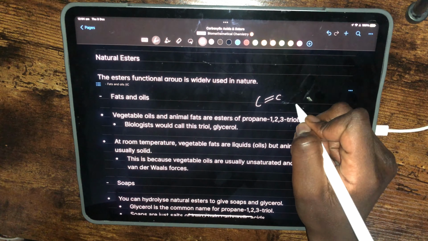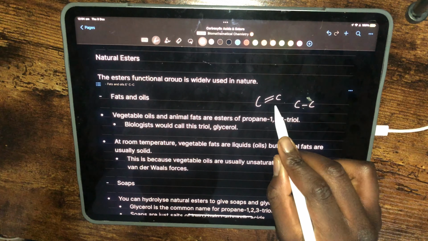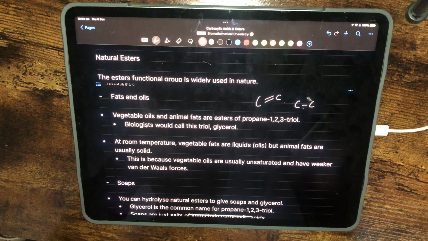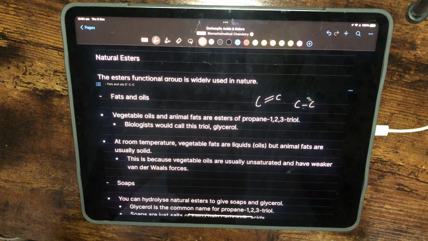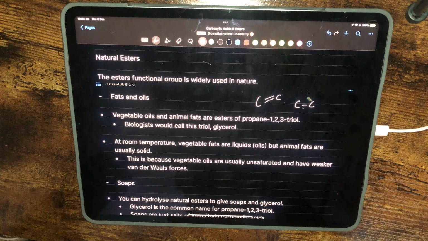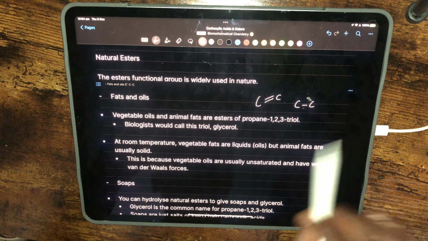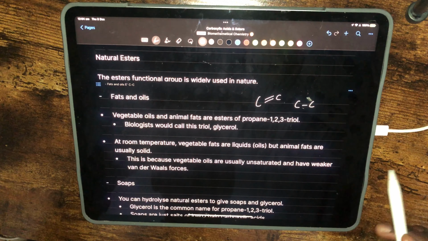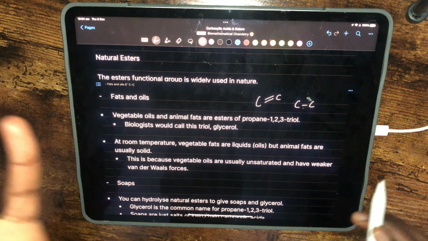Whereas a normal carbon-carbon single bond doesn't have that. It's always planar. But the carbon-carbon double bond kinks the structure and it isn't planar anymore, which means it's harder for these esters to stack up on one another easily. So you're forming fewer and weaker van der Waals intermolecular forces, and therefore the state of matter would be liquid.